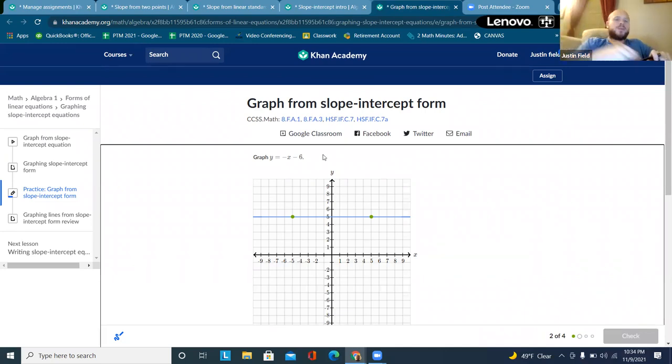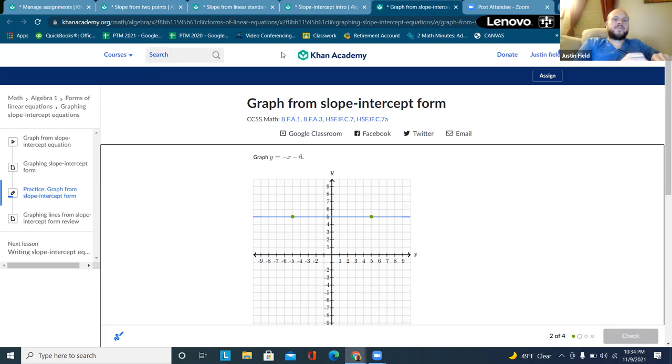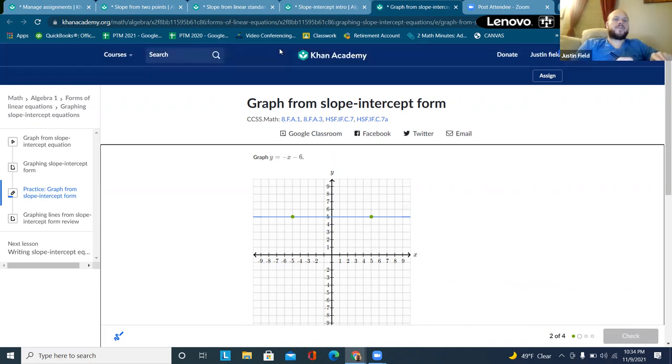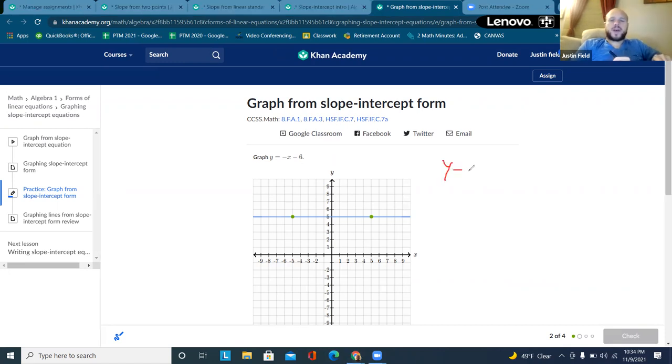All right, now, last one. Graphing in slope-intercept form. Okay. So, when we have slope-intercept form, number one, put a point at the y-intercept.